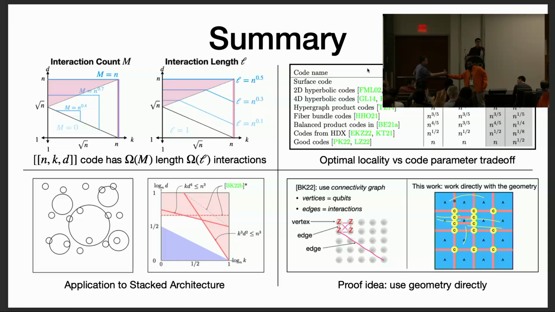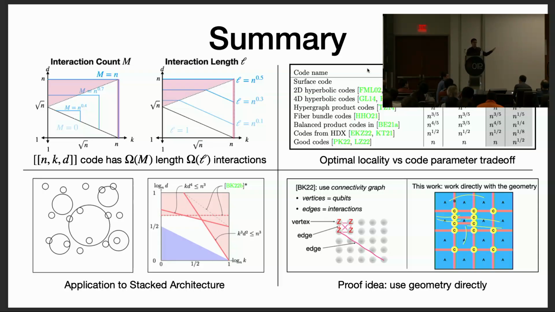Hi, thanks for a nice talk. This is just for clarification. How do you define dimension when you allow long-range interaction? For example, if you have 3D toric code, can you define it as a 2D code with long-range interaction? So everything I said is for two-dimensional embeddings.